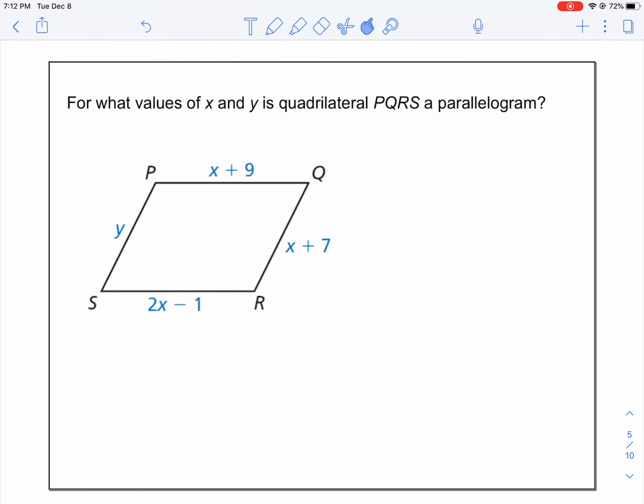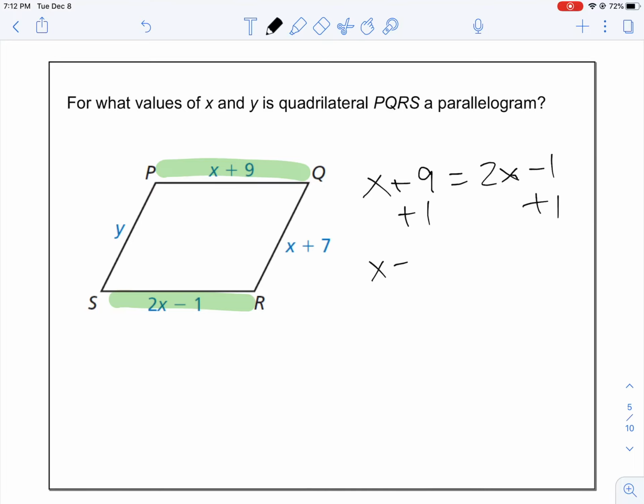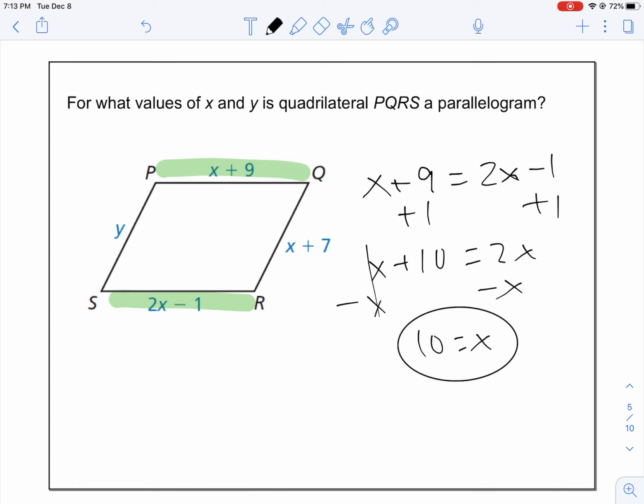All right, so it says find the values of X and Y to make this a parallelogram. Well, if it's a parallelogram, these opposite sides should be equal. So X plus 9 should equal 2X minus 1. Let's solve. Add 1, X plus 10 equals 2X, minus X, 10 equals X. Great. So X has to be 10.